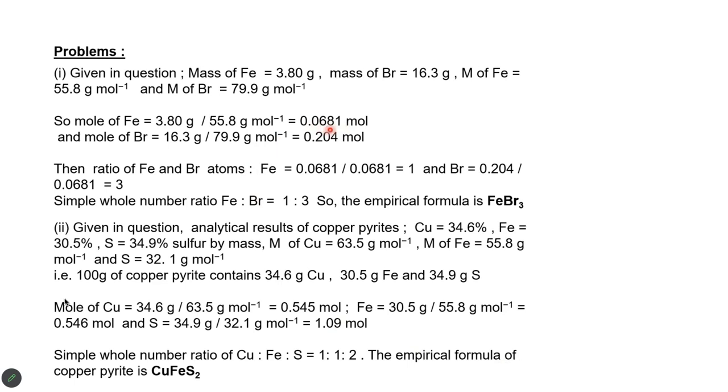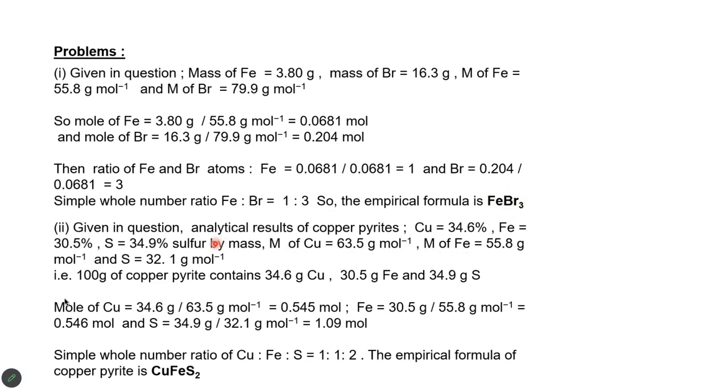Similarly, we get moles of bromine, 0.204 mole. Now, if we take the ratio, iron divided by itself gives 1, and bromine divided by this gives the simplest 3. So we get the empirical formula of iron bromide as FeBr3. This is the empirical formula.